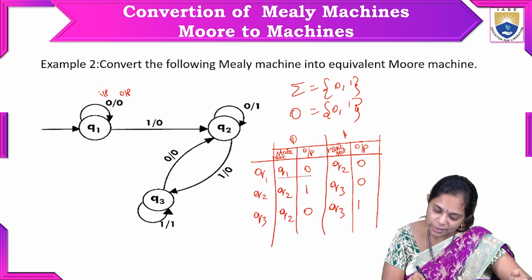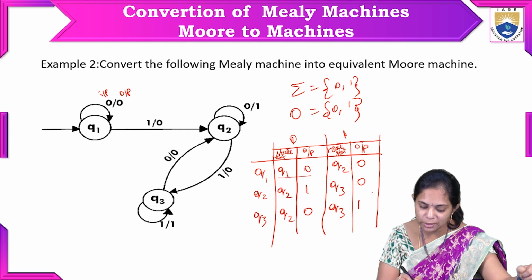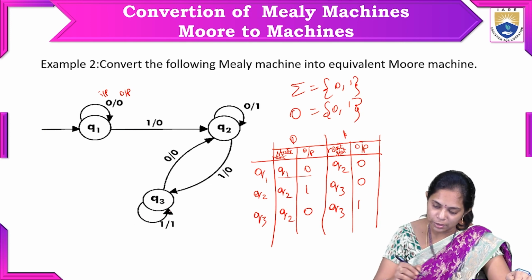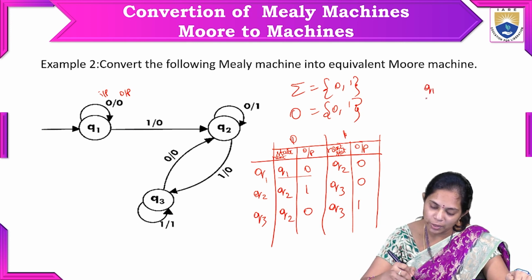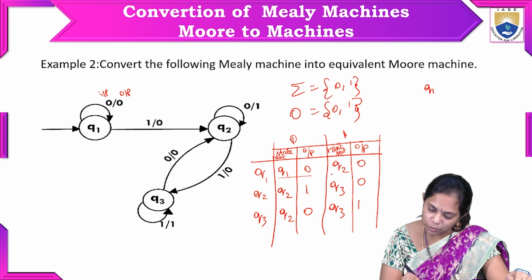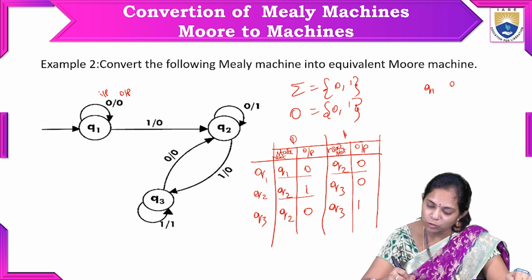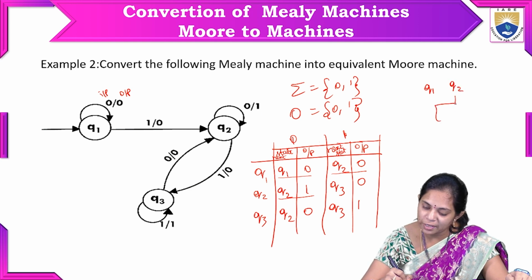Q1 is having 0 and there is no Q1 1, so we will directly write Q1 as it is. For Q2, we have Q2 0 and Q2 1, so we have to divide Q2 into two states, with output 0 and output 1.